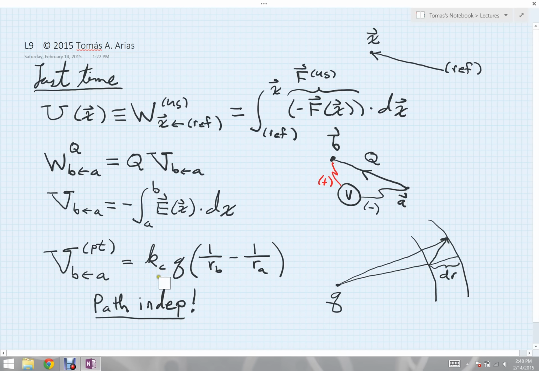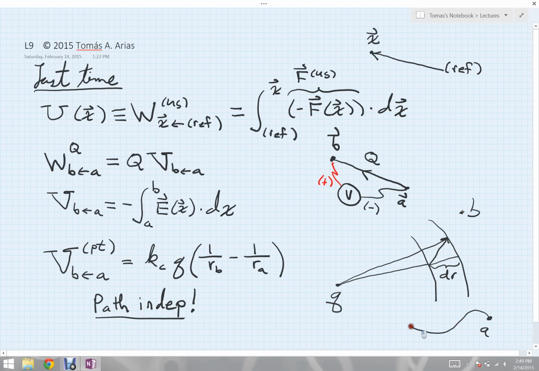It depends on Coulomb's constant and the charge in direct proportion, and then it is just 1 over the distance from point B to the charge minus 1 over the distance from point A to the charge. The key thing that we were very excited by for this formula was the fact that the voltage then from a point charge is completely independent of the path that we choose to move our particle from some arbitrary point A to some other arbitrary point B.